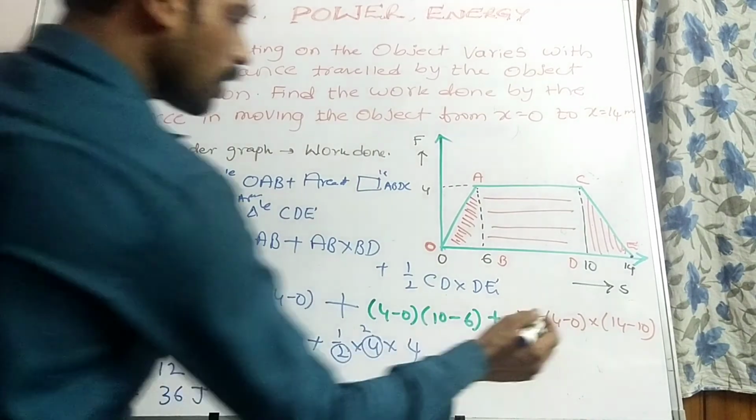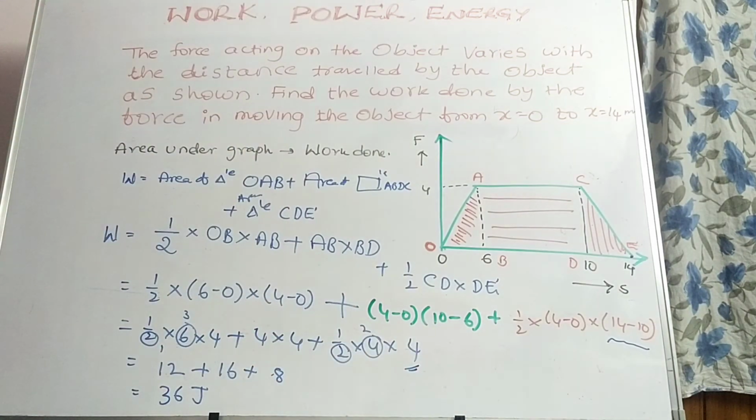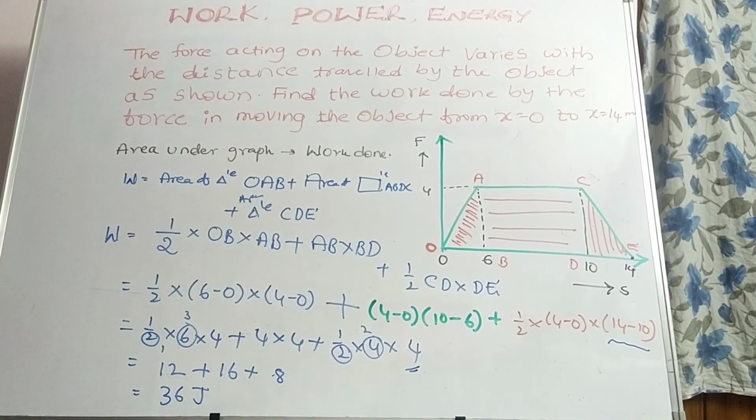Here I am doing a small correction. 14 minus 10 we have to write as 4. I wrote it by mistake. Clear?